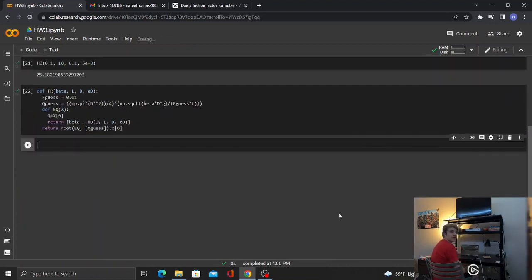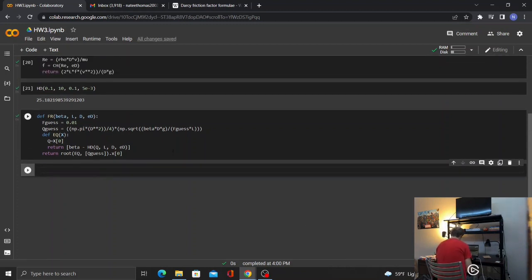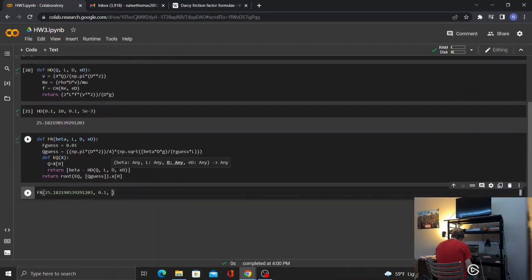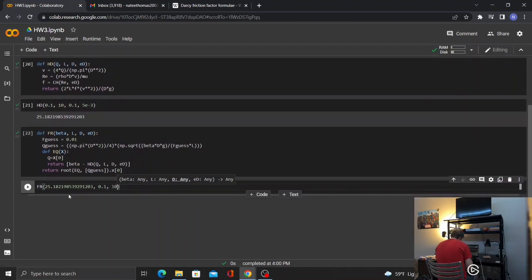So now what we can do finally is just test to make sure that our function works. So we are going to use this head drop here that we calculated from before as our beta, and then we're going to use the same length, same diameter, 10, and then the same roughness.